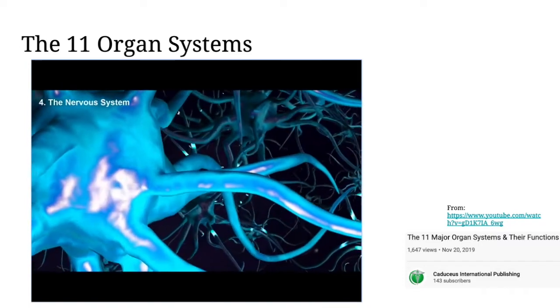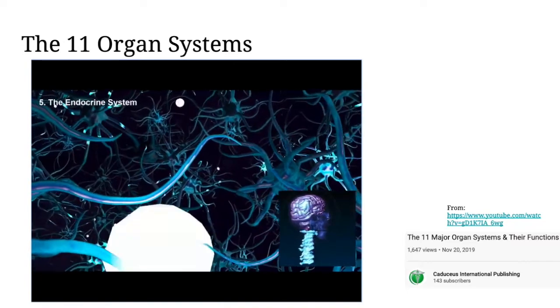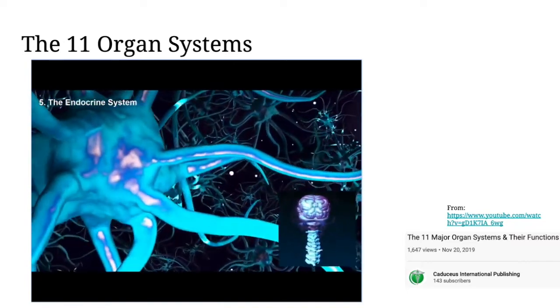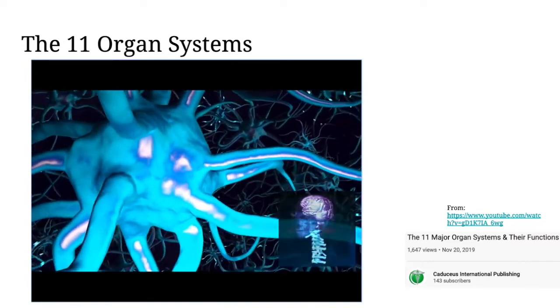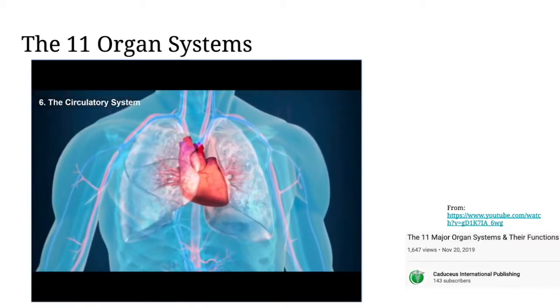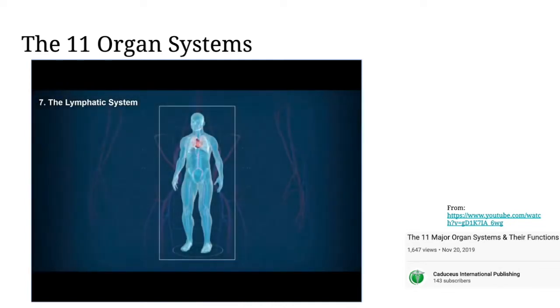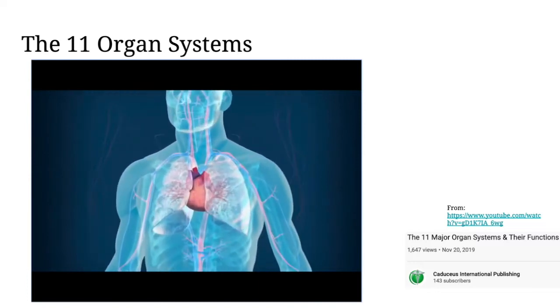The nervous system is the communication network and center. The endocrine system assists the nervous system with communication through message delivery. The circulatory or cardiovascular system carries blood and nutrients throughout the body. The lymphatic system works to transport fluids and fats and defends the organism against disease.